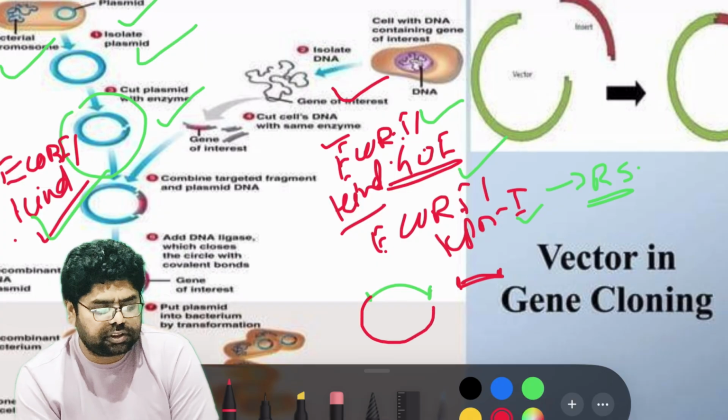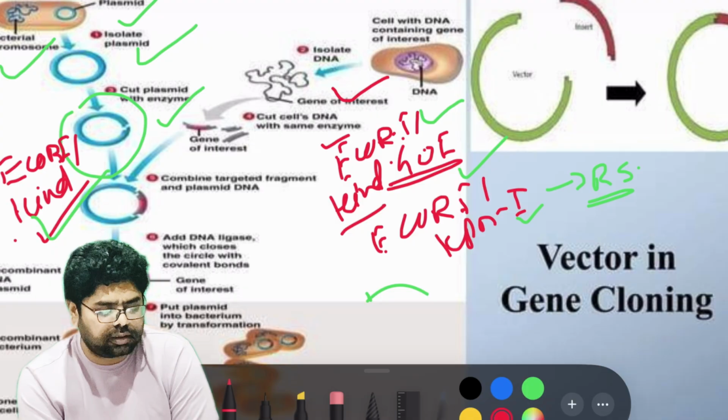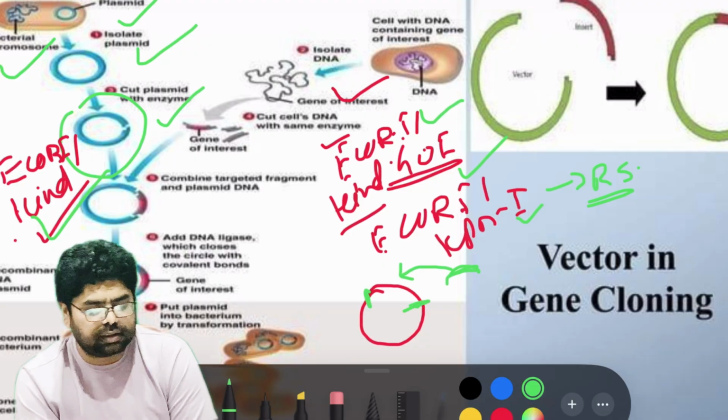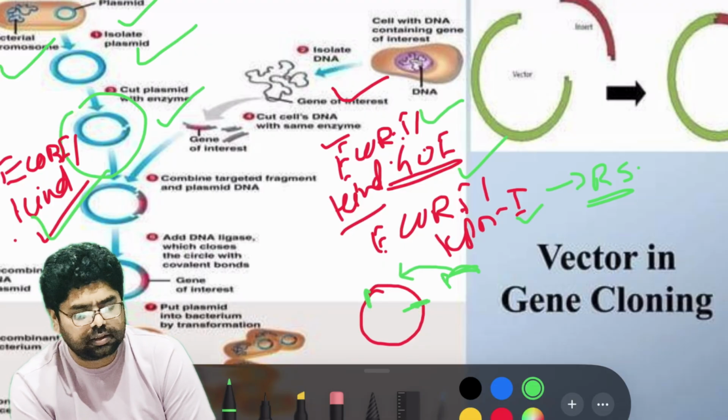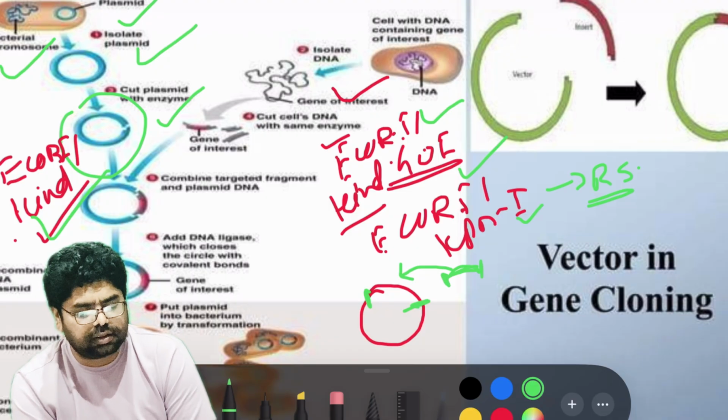Suppose this is your vector and this is your gene of interest, and you want to clone it inside this vector. So the vector needs to be cut and this gene also needs to be cut.